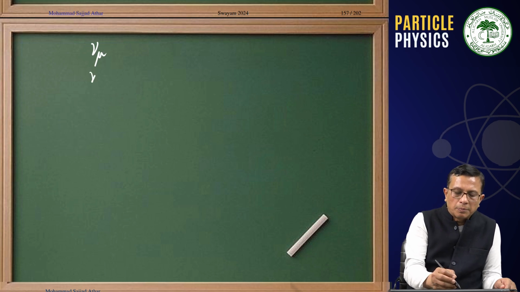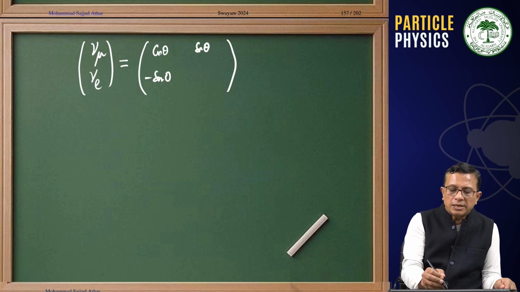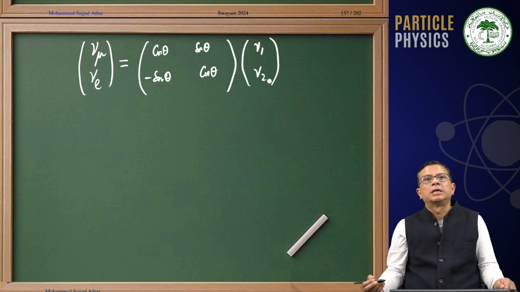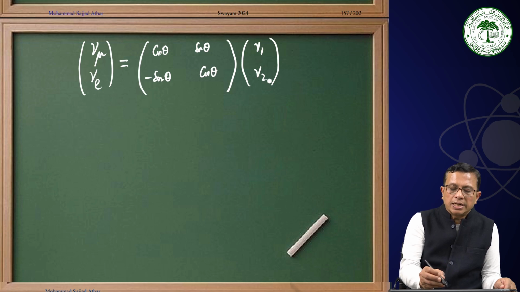Therefore, we are talking about nu mu and nu e as the flavor states, and then we have a unitary mixing matrix, cos theta, sin theta, minus sin theta, cos theta, acting on nu1 and nu2. This is what we have, and as you can notice, this theta is the mixing angle.